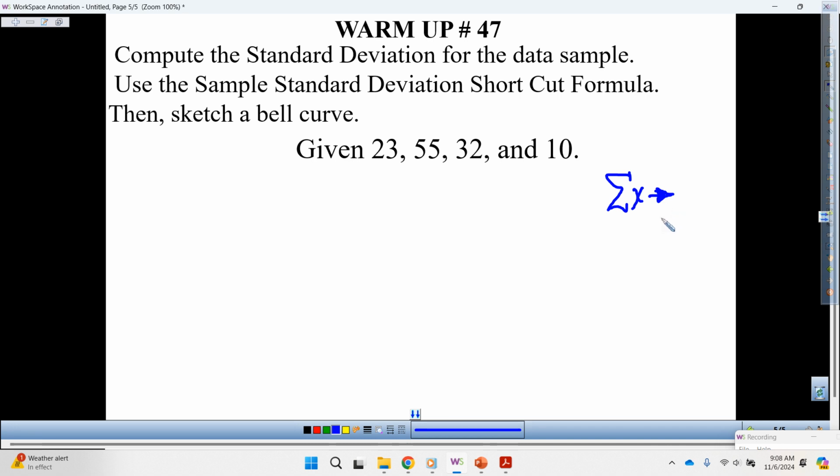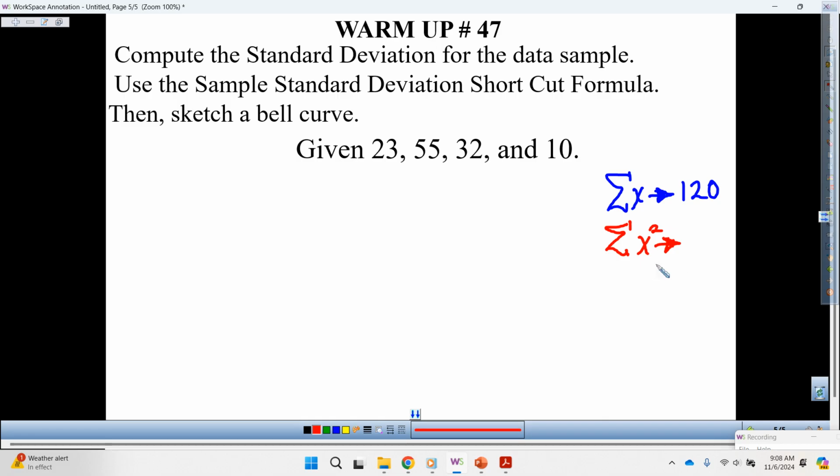Close. $120. Hands if you got that. That is correct. All right. But also we need the sum of the data x squared. Martin, pass them one.